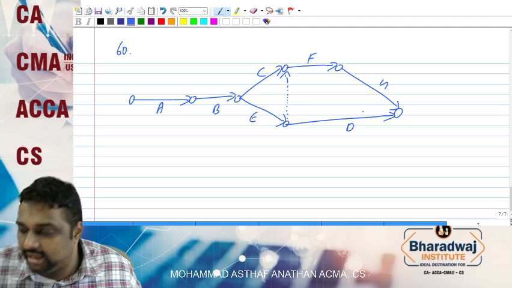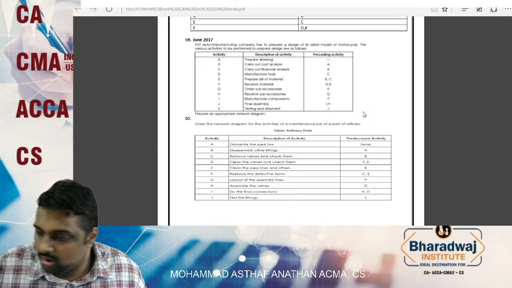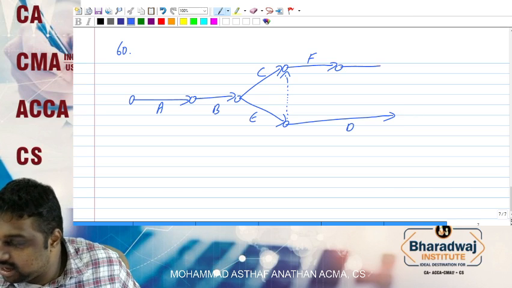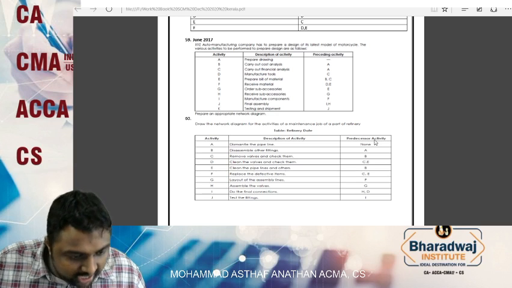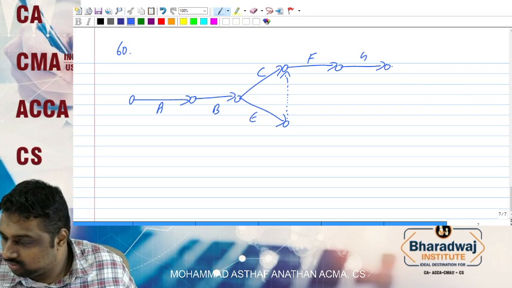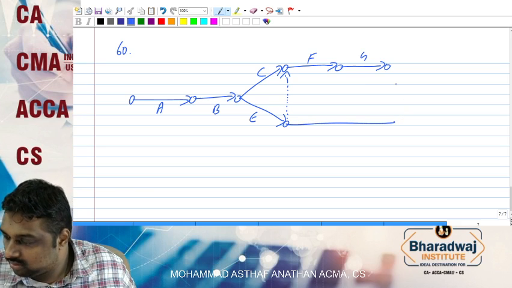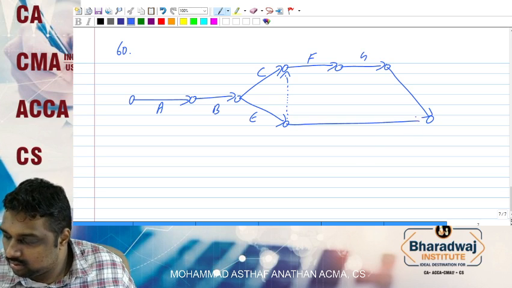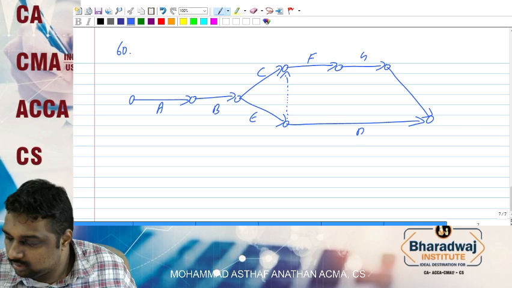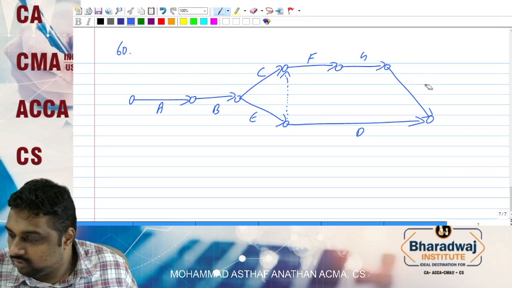See, C and E together D. Now D and G. We have to make it from F. It goes for G. From G only it will go for H. So we can make it whichever way. We got D from G, H. From G we have H.